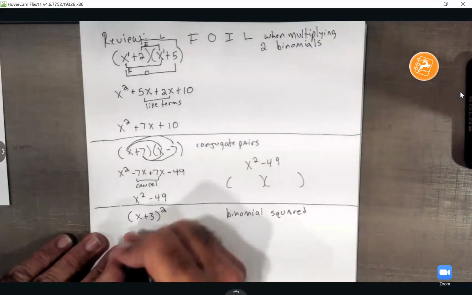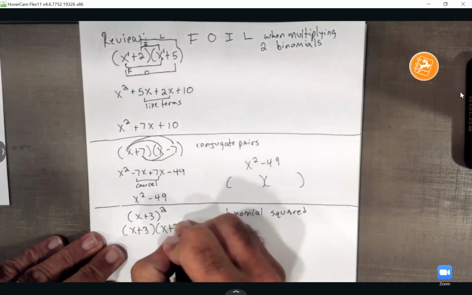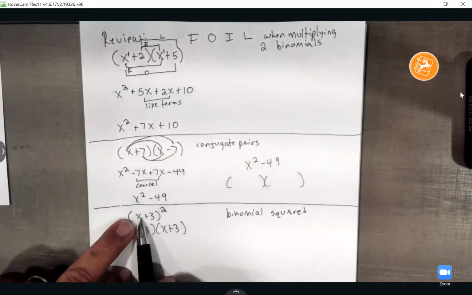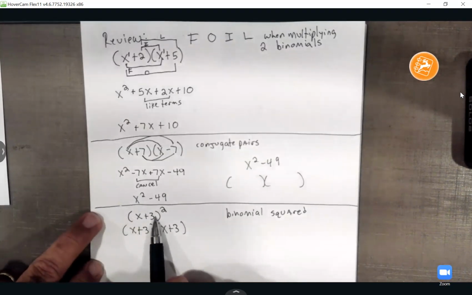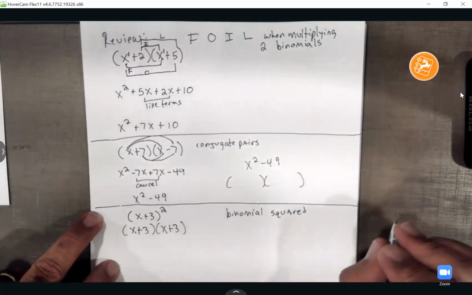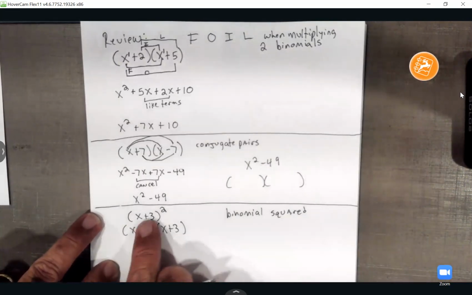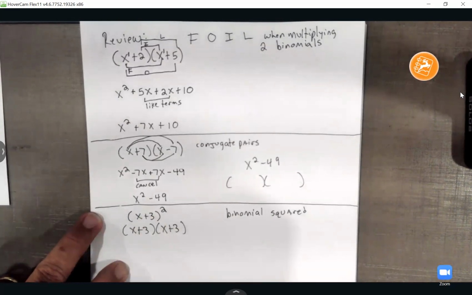That's what you've got. The biggest mistake is people see exponents and want to distribute it to get an x squared, and distribute it to the 3 and make that a 9. So they end up with x squared plus 9, which is wrong. You've got to write that twice as your first step. It's FOIL in disguise, okay?